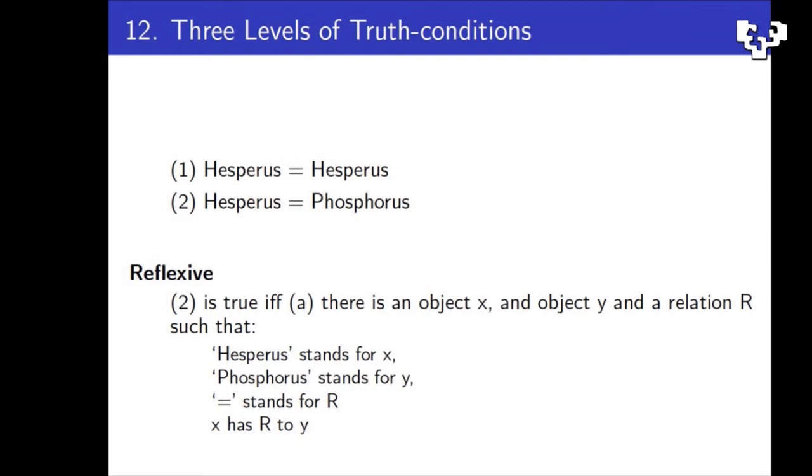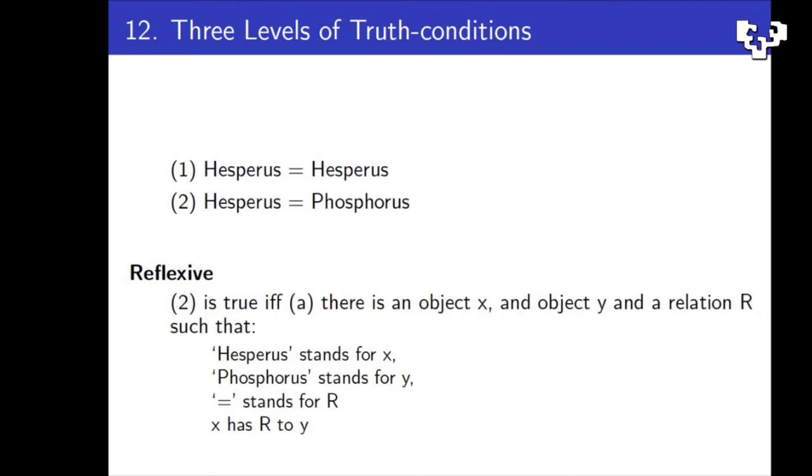So David hasn't been listening. He doesn't know what the identity stands for, or Hesperus stands for, or Phosphorus stands for, but he can say two is true if and only if there is an object X and an object Y in relation R, such that Hesperus stands for X, Phosphorus stands for Y, and the identity stands for R. And X has R to Y. That is correct. Check it out. Use the back of your handout. If those conditions are met, it will be true.